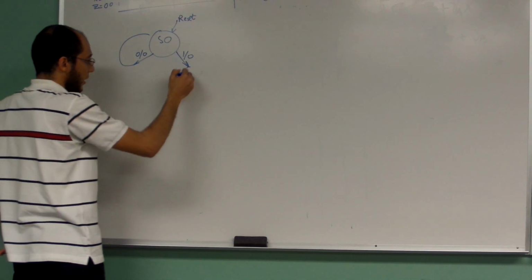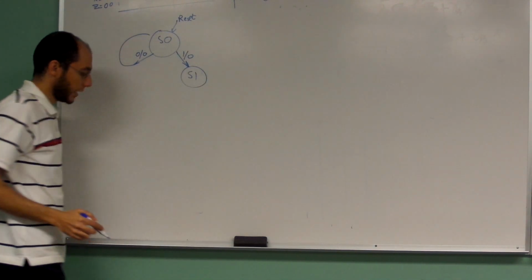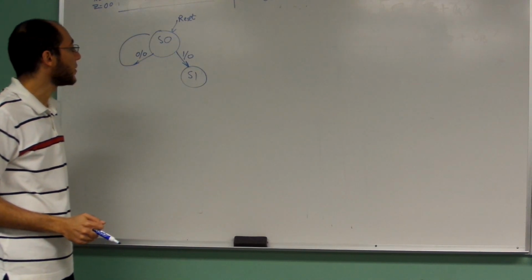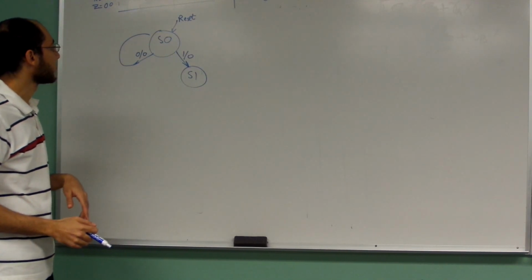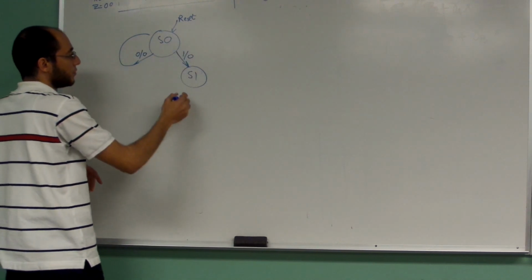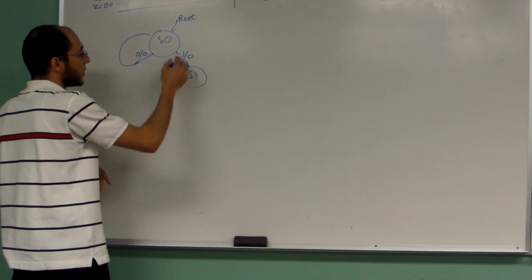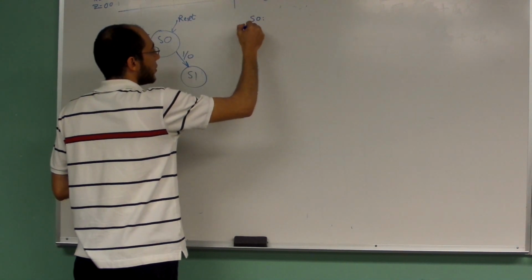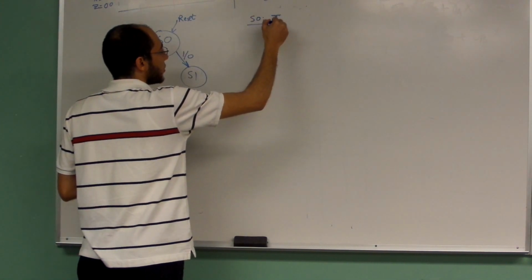Okay? And I go to state S1. Again, do not write down any outputs inside the state. Right? So, 1, 0. Totally, right now I have, so S0 is initial.